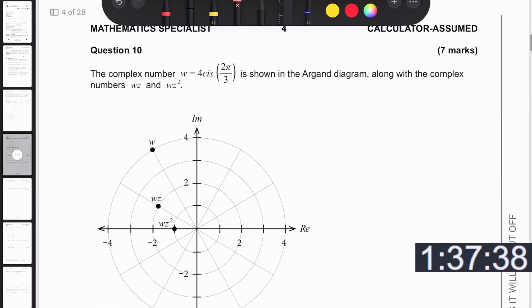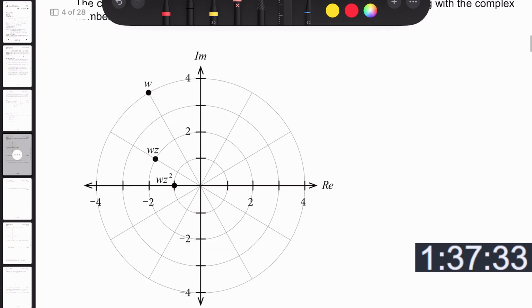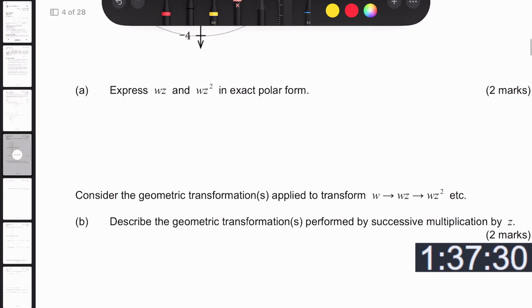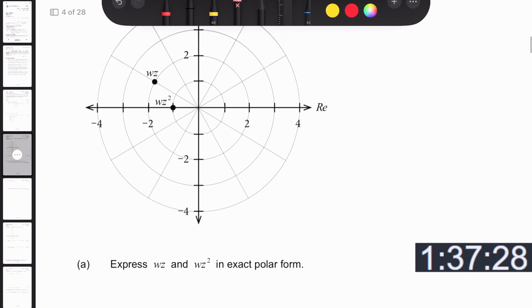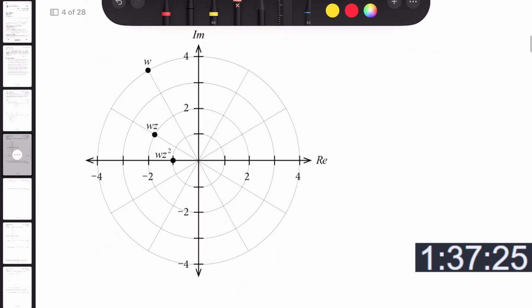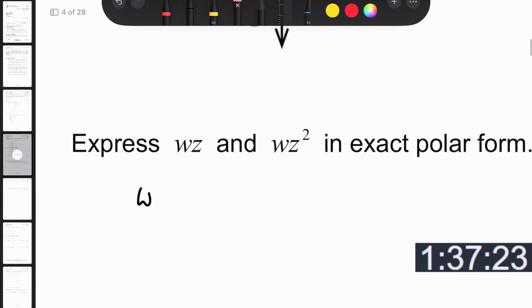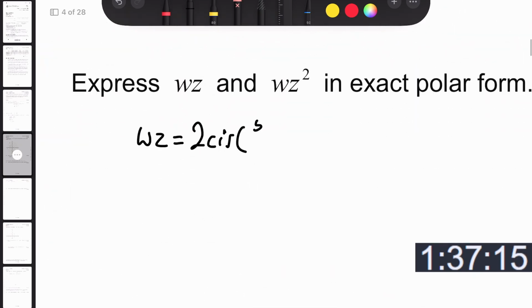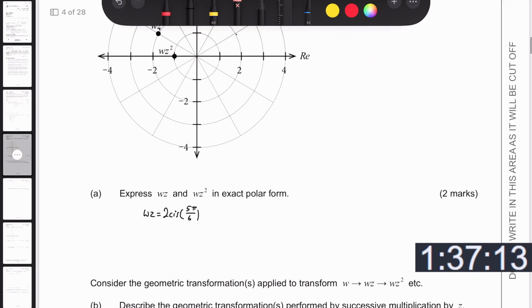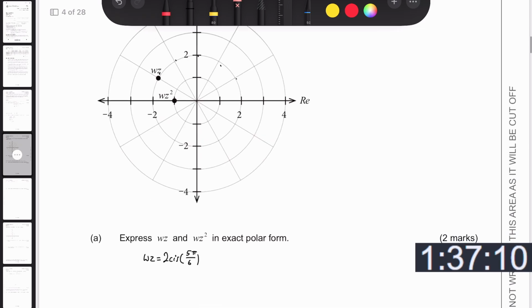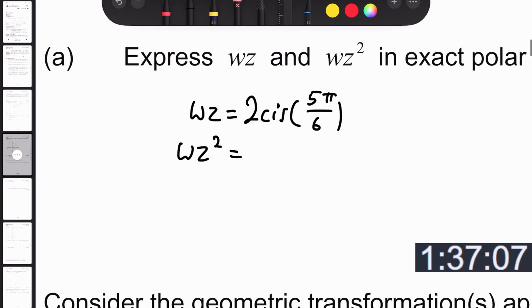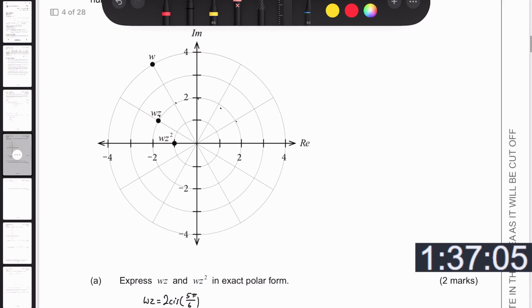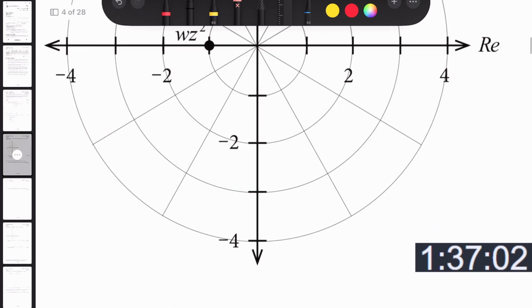The complex number w is shown along with the complex number wz and wz squared. Express wz and wz squared in exact polar form. So wz is going to be 2 cis of 5 pi on 6. And then wz squared is going to be cis of pi.